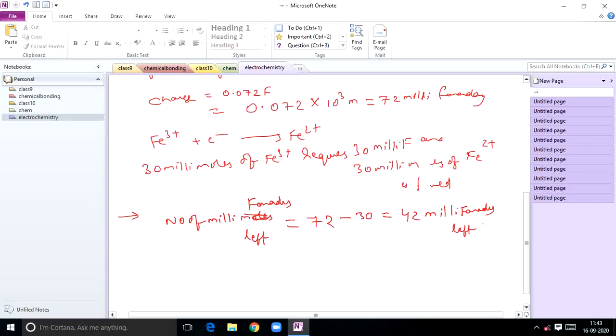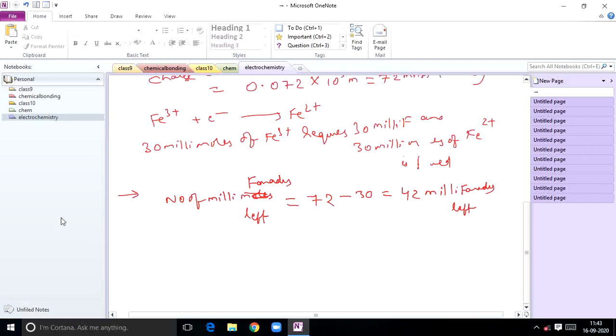So next step, Fe2+ + 2e⁻ gives rise to Fe solid, that is given.